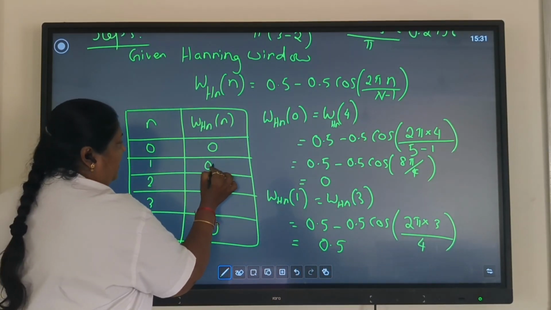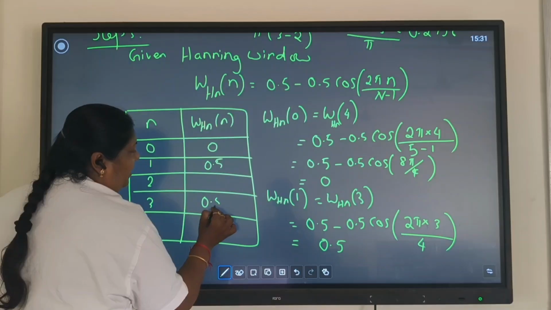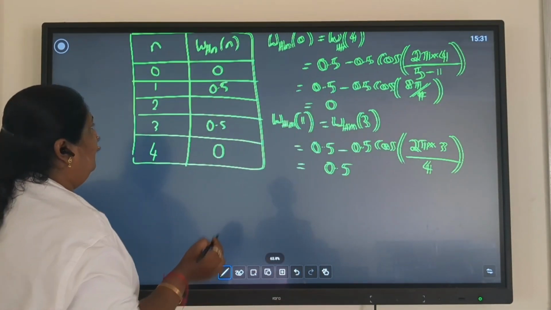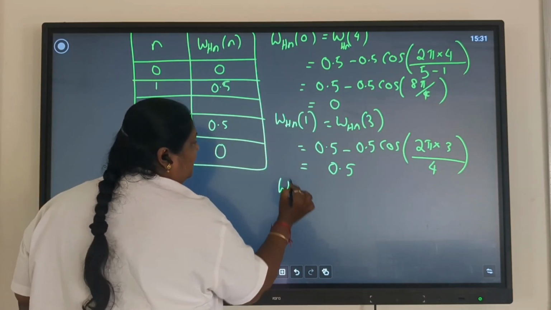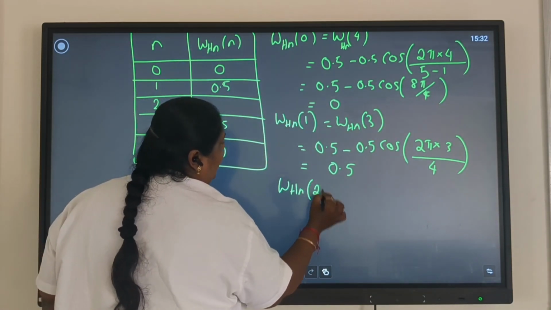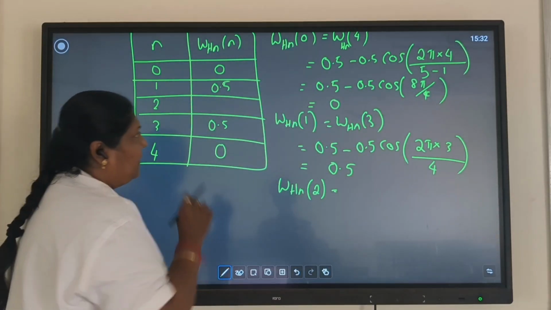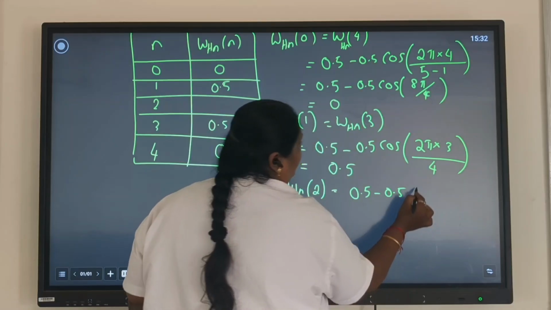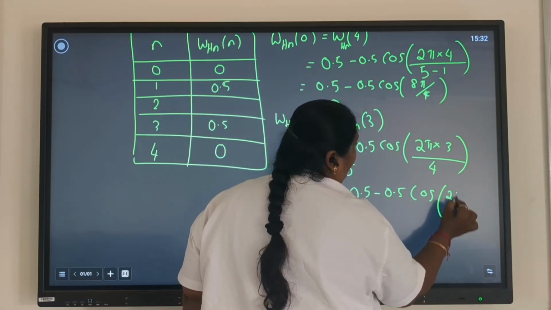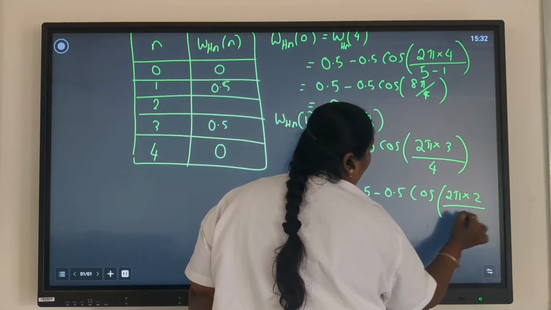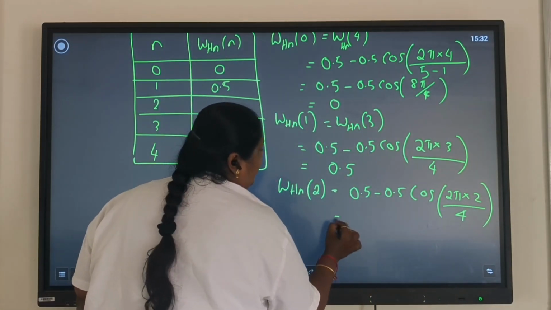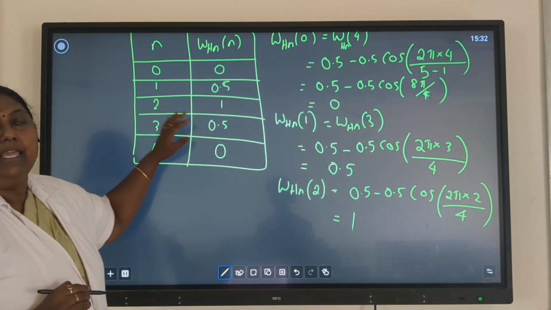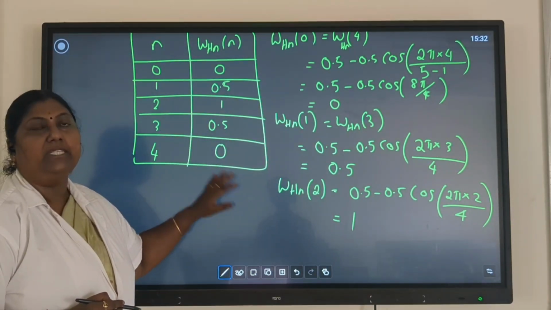So this value is 0.5, and this value is 0.5. The remaining step is W Hn of 2, which is the center term. So substitute here 0.5 minus 0.5 cos of 2 pi into 2 divided by 4. So this will be equal to 1. Now in step 3 I have got the window sequence values.